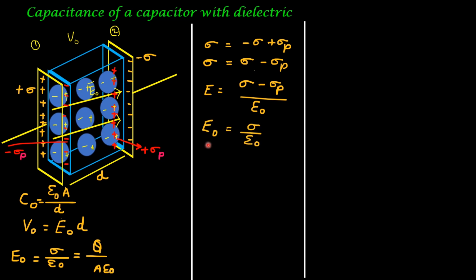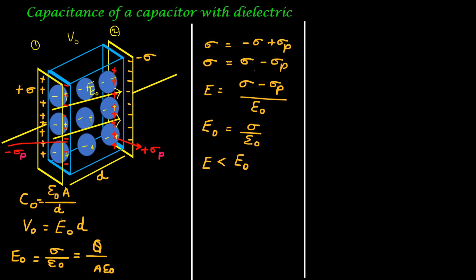E naught is equal to sigma upon epsilon naught. Now E is equal to sigma minus sigma P by epsilon naught. So from this we understand E is smaller than E naught. That is, with dielectric medium in between the two plates, electric field gets reduced.